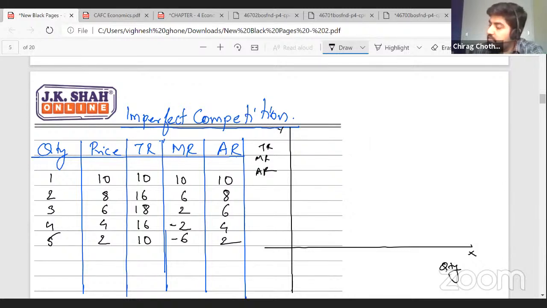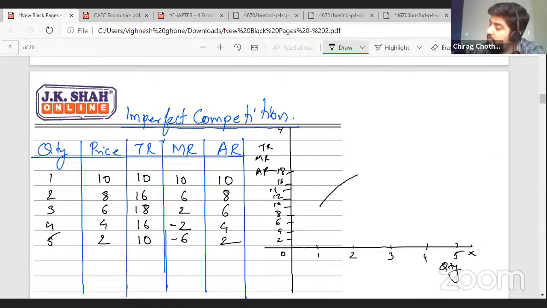So quantity will be as usual, 1, 2, 3, 4, and 5. Now TR, we can take a scale of 2. Okay, so it will go up to 18. So that will be 2, 4, 6, 8, 10, 12, 14, 16, and 18.